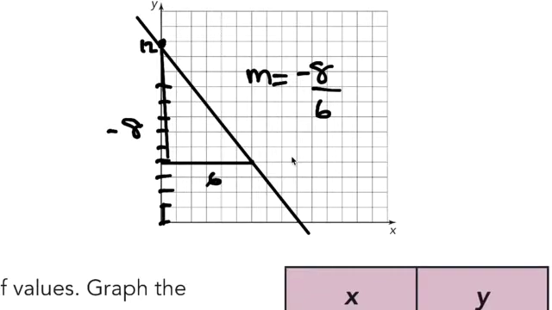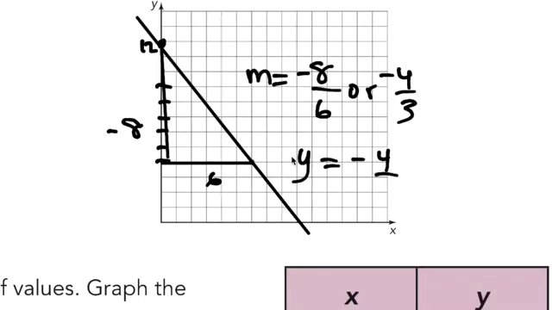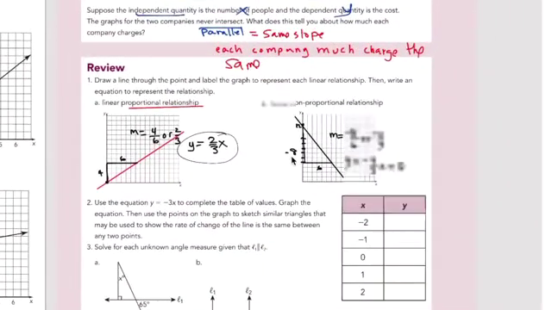This is at 12. I don't need this for slope. Don't want to confuse you. Or negative 4 over 3. So my equation is y equals negative 4 over 3x plus 12. So you can have a different equation.